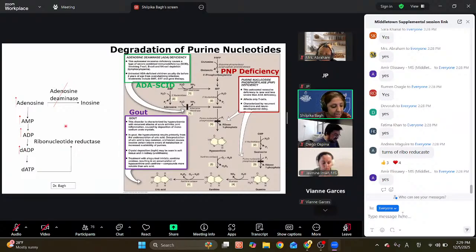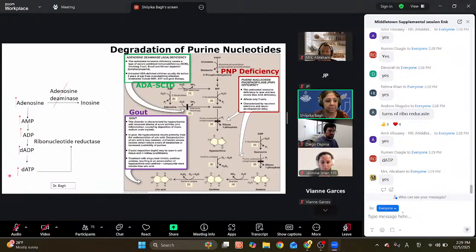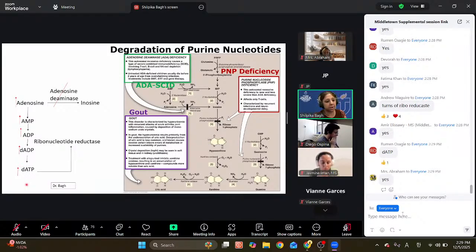So who will tell me what the natural inhibitor of ribonucleotide reductase was? Deoxy-ATP. Is it accumulating in adenosine deaminase patients? Yes, that's why ribonucleotide reductase is significantly turned off in them.